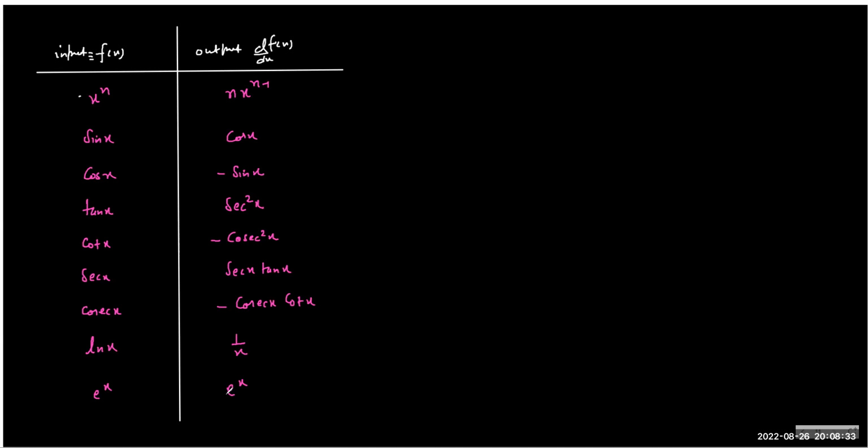Okay. All of these can be proved using the simple binomial expression. Some more, in fact, this is sufficient for us. And the others we can understand after learning the chain rule.